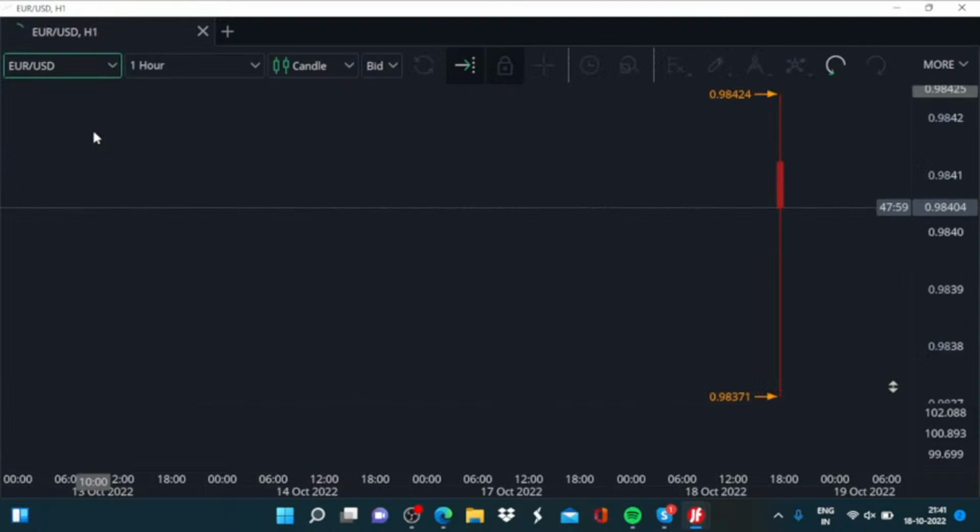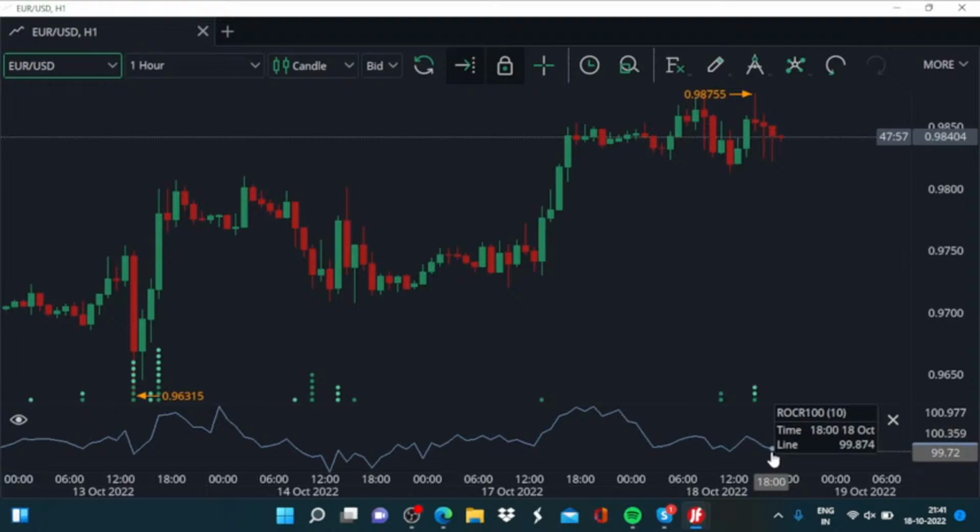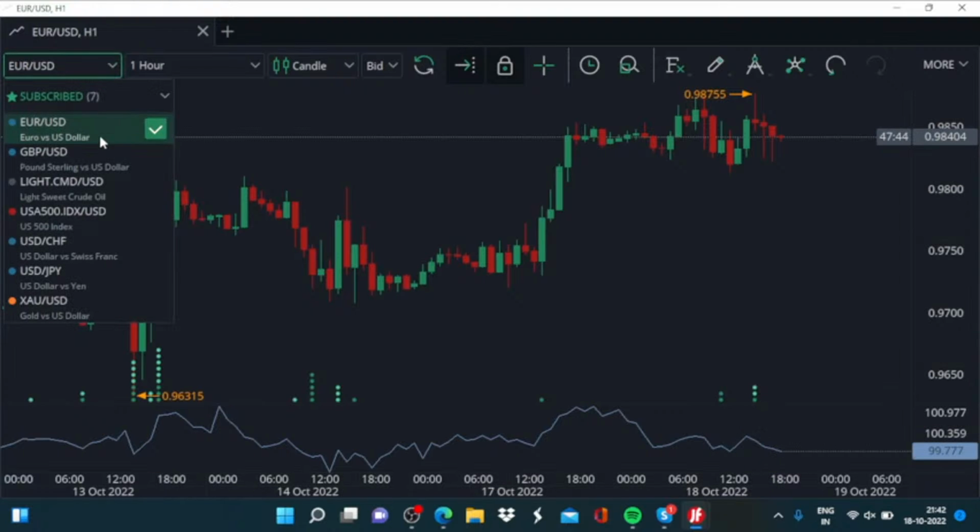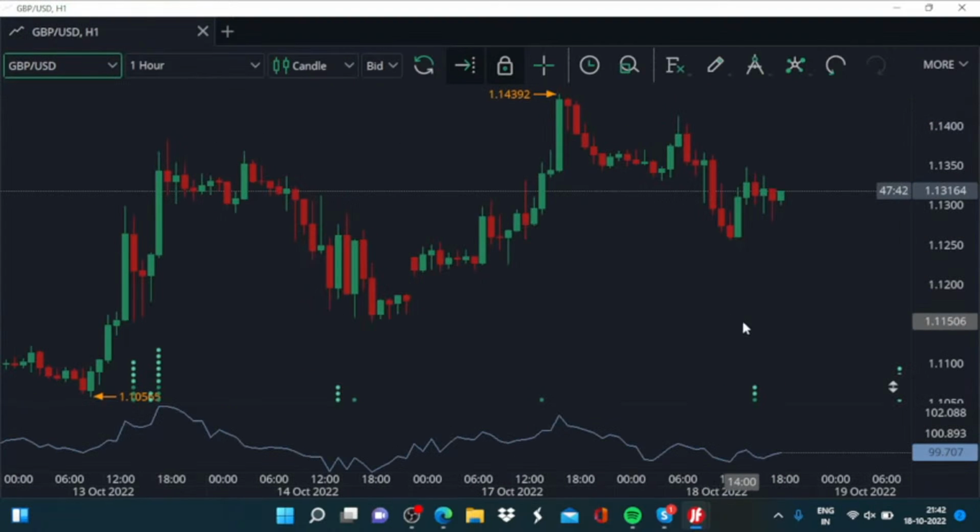But if we compare the Euro USD output, then we have the output on the higher side for the Euro USD. So that gives you the idea that the bullish momentum is stronger in Euro USD compared to the GBP USD.